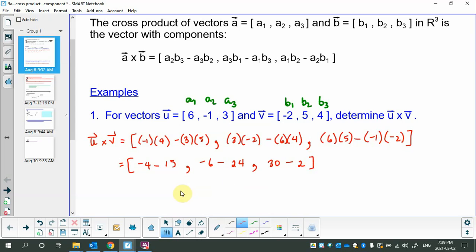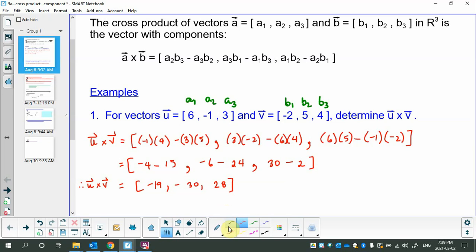So if you get a negative, negative, you end up adding. And then to calculate the end result of u cross v, its components are -19, -30, 28.